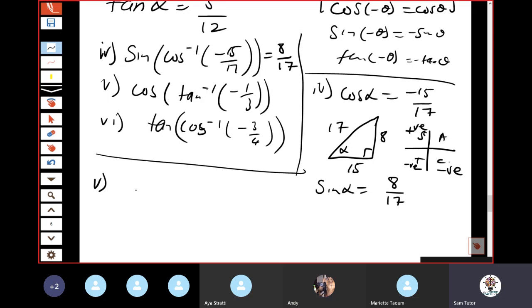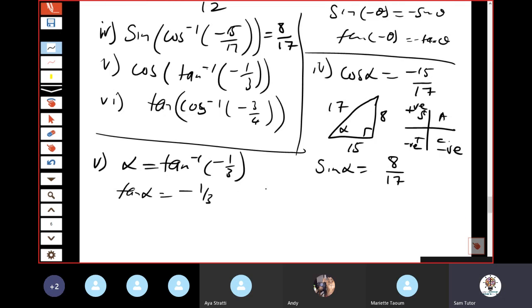Anyways, I'm going to do it now to show you. Where was I? Alpha equals tan inverse negative a third. Again, tan alpha equals negative a third. Again, you do your stations to central. Opposite over adjacent. That becomes root 10.